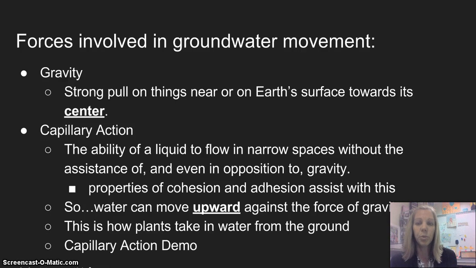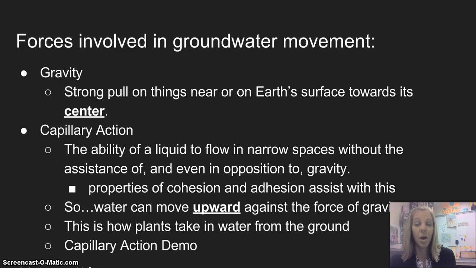That is a pull towards the Earth's center, so that is going to pull the water down into the ground. But also, there's something called capillary action. And this is the ability of liquid to flow pretty much against gravity in narrow spaces without much assistance from anything else. And the properties of cohesion and adhesion assist with this.